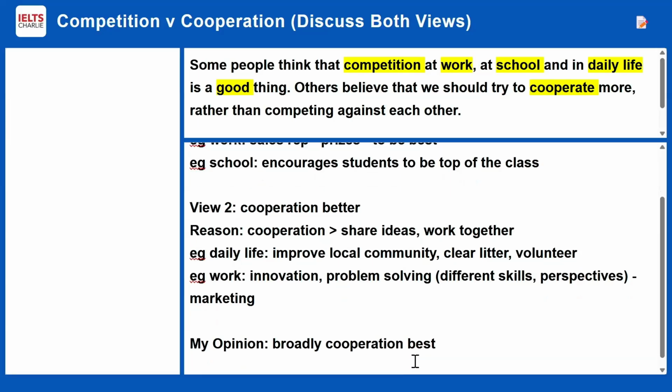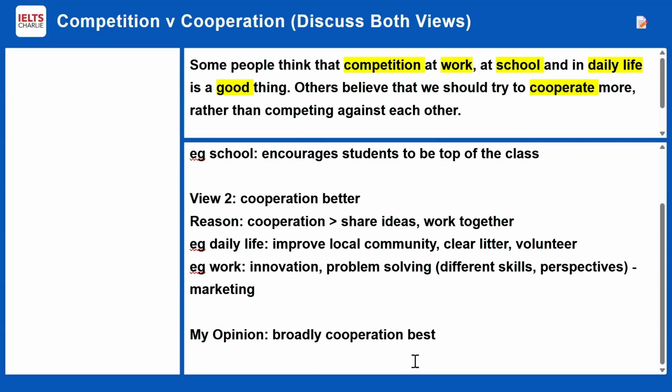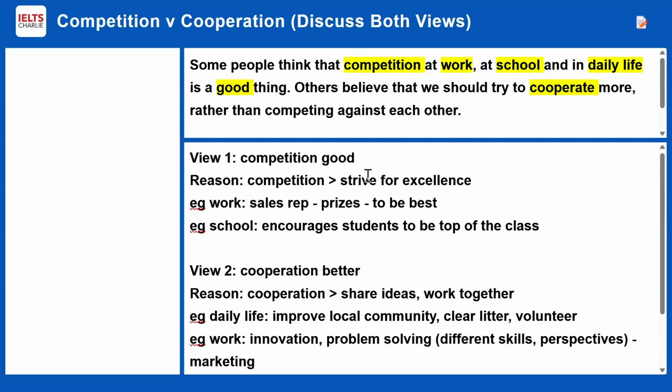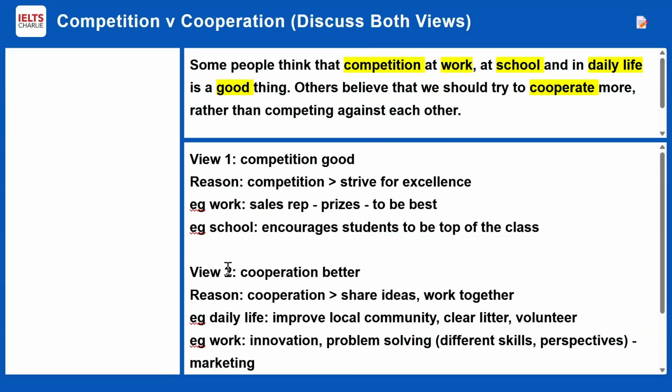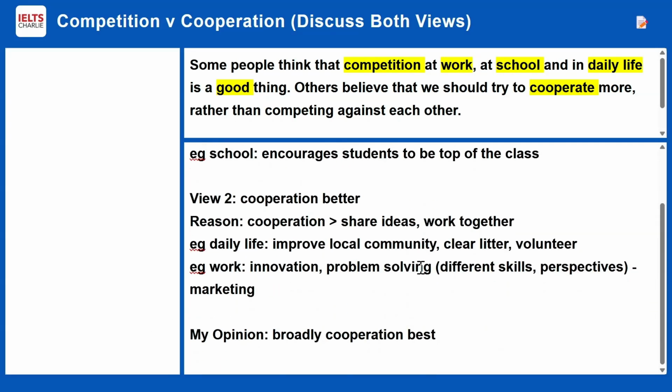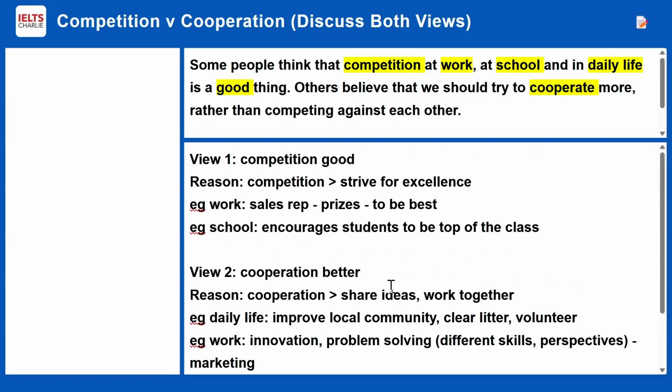Now, why do I think that? Now, you may have a different view. You might entirely agree with view 1. You might entirely agree with view 2, and that is perfectly fine if you can explain it. And it can be a little bit tricky to explain your views if you fully agree with one of these two views, because you run the risk of repeating these ideas.